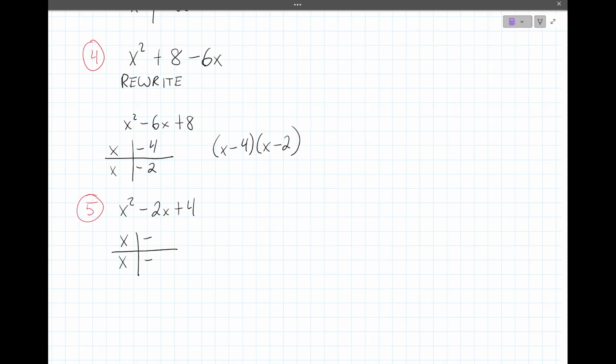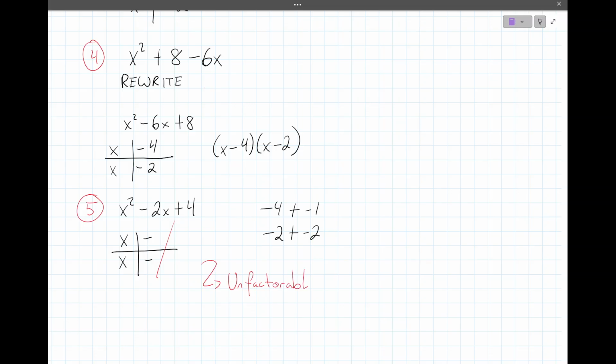So I have to try negative 4 plus negative 1, and negative 2 plus negative 2. Negative 4 plus negative 1 is negative 5. Negative 2 plus negative 2 is negative 4. So neither of these work, so this one is unfactorable, no solution.